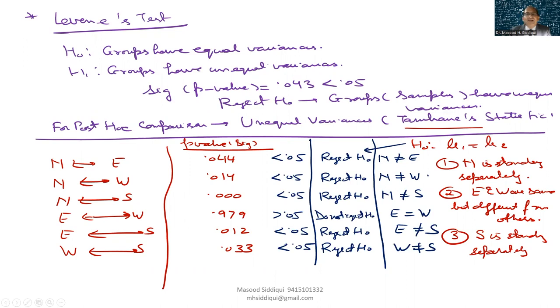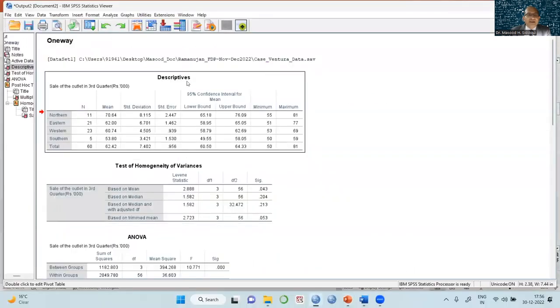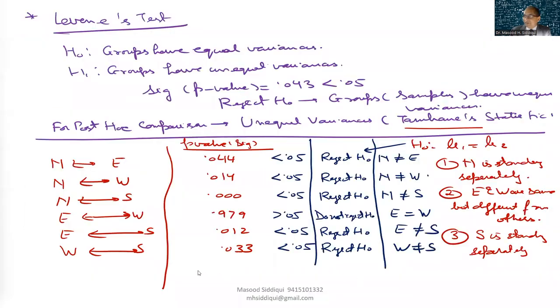Now, for the hierarchy of these sales, we are going back to the results and we are discussing this part where we are having sample means, right? So these are the sample means, that is the northern 70.64, eastern 62, western 60, and southern 53. Let us note down these values on our whiteboard.